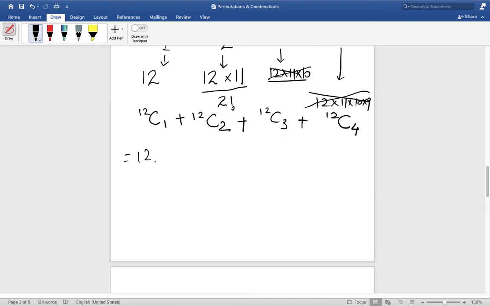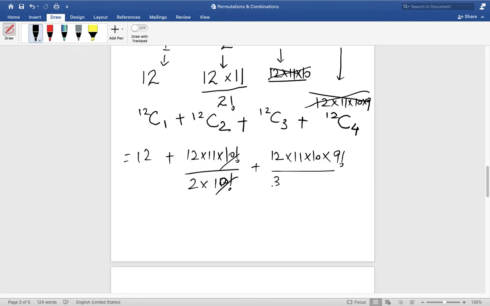12C1 is what? 12. 12C2 is what? 12 into 11 into 10 factorial by 2 into 10 factorial. This will get cancelled. 12C3 is 12 into 11 into 10 into 9 factorial by 3 factorial, which is 3 into 2 into 9 factorial. This will be cancelled.